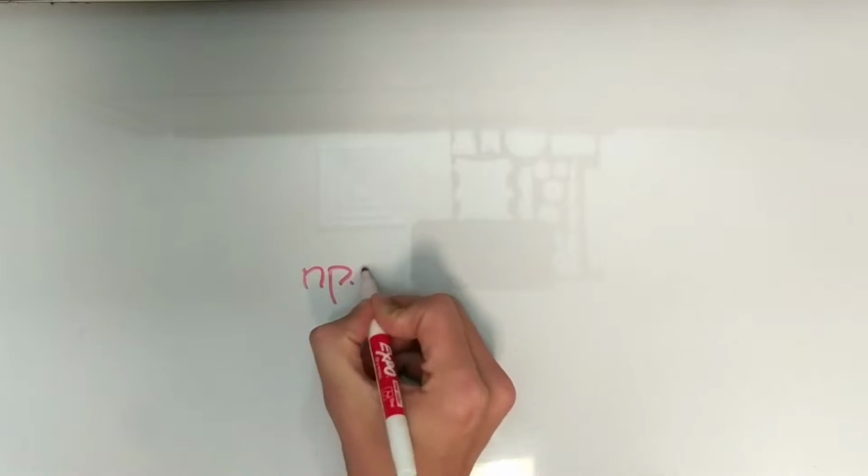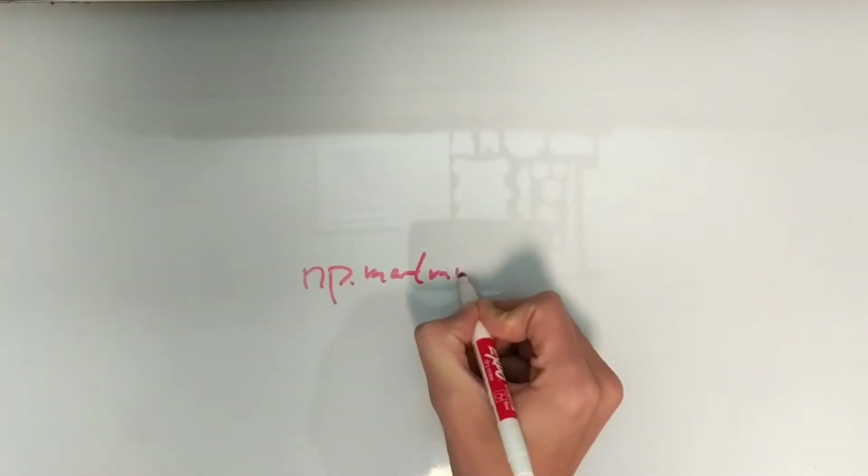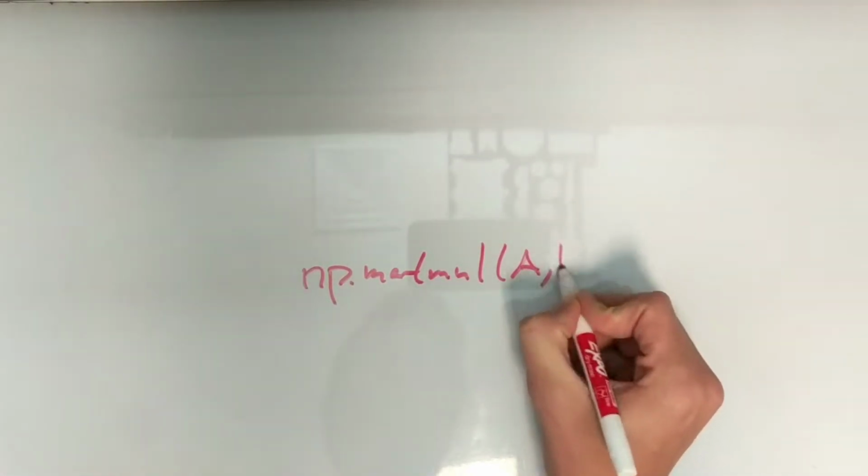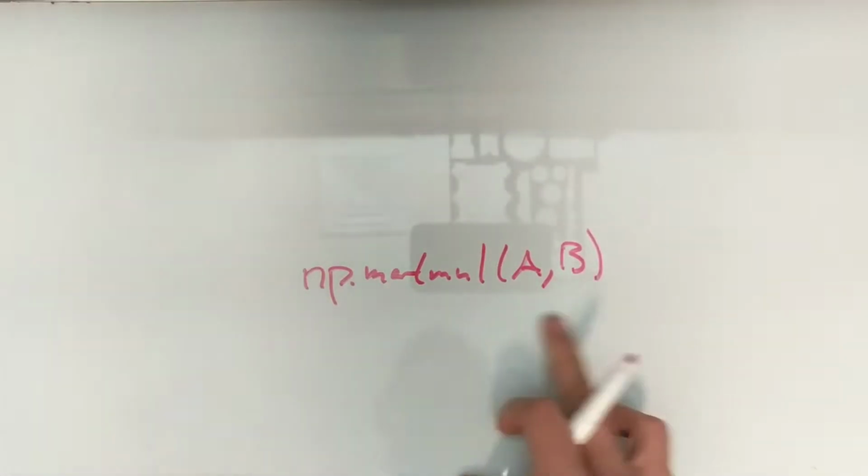So that's problem 1. Problem 2 is pretty similar as well. Just remember that when you're multiplying matrices, use the np.matmul method. If you're multiplying a and b together, you'll want to do matmul a comma b.